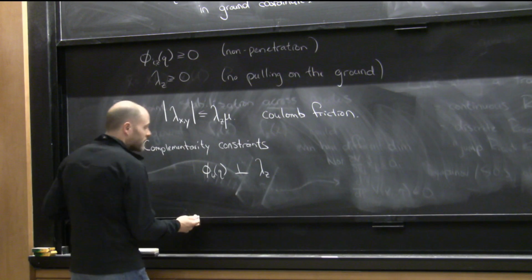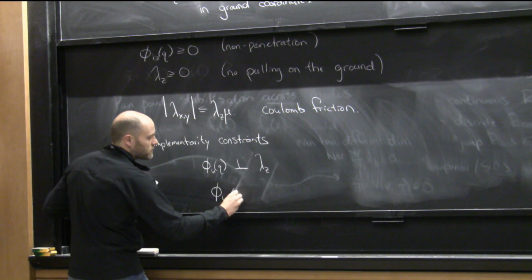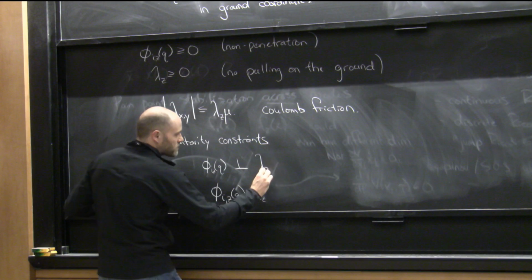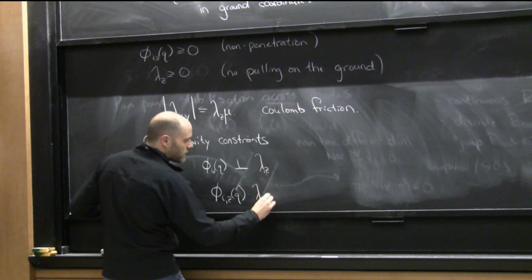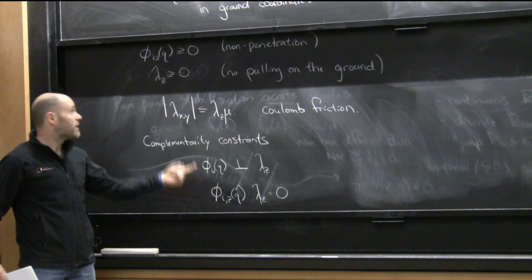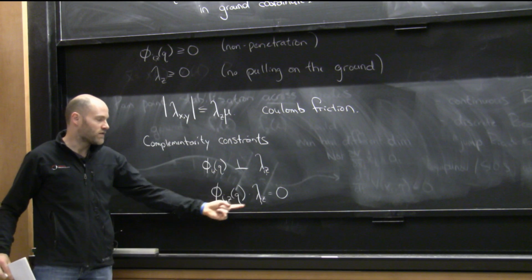And it's often implemented as, for instance, phi z of q times lambda z equals 0. I guess I'm dropping my I too often. Sorry. So this combined with those says that at least one of these has to be 0 at all times.